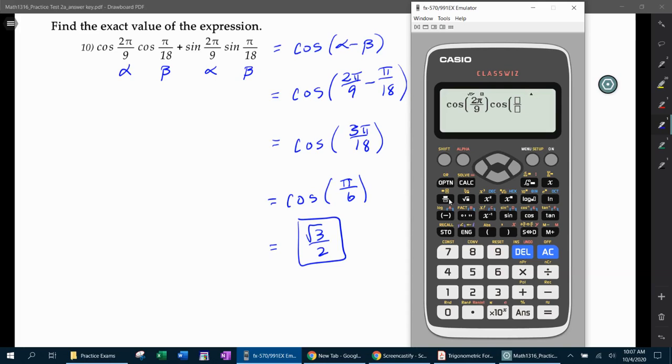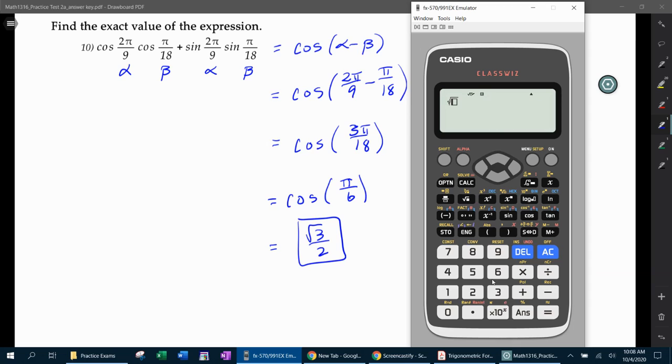Cosine of 2 pi over 9, cosine of pi over 18, plus sine 2 pi over 9, sine of pi over 18. 0.866.